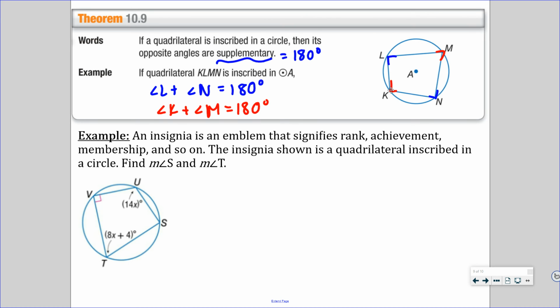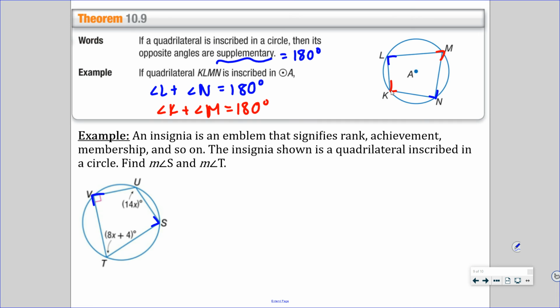We're going to try two examples of this. An insignia is an emblem that signifies rank, achievement, membership, and so on. The insignia shown is a quadrilateral inscribed in a circle. Find the measure of angle S and the measure of angle T. Without doing any math, really, what's the measure of angle S going to be? 90.